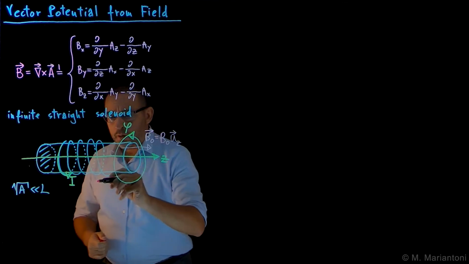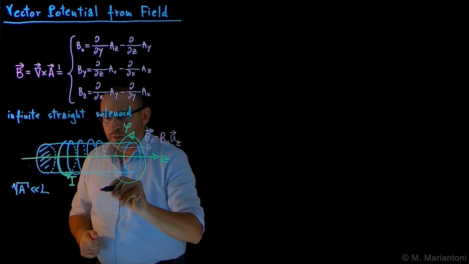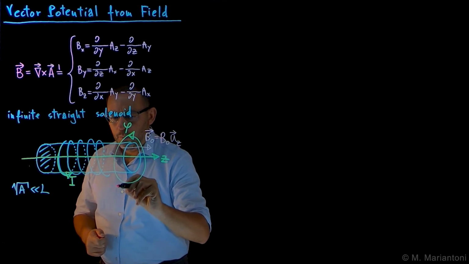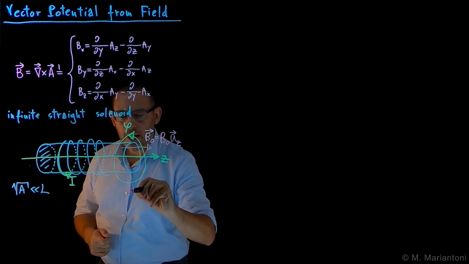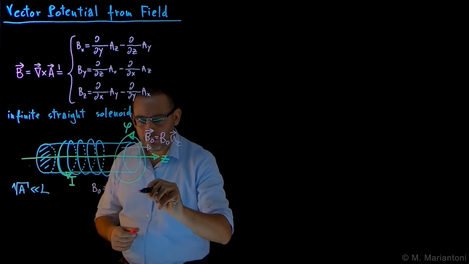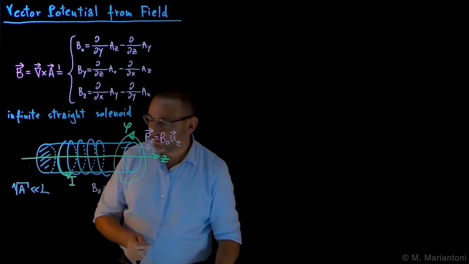And in fact, we know that the amplitude B naught is given by mu naught n I, where I is the current. Let's in fact call it I naught, a steady current.